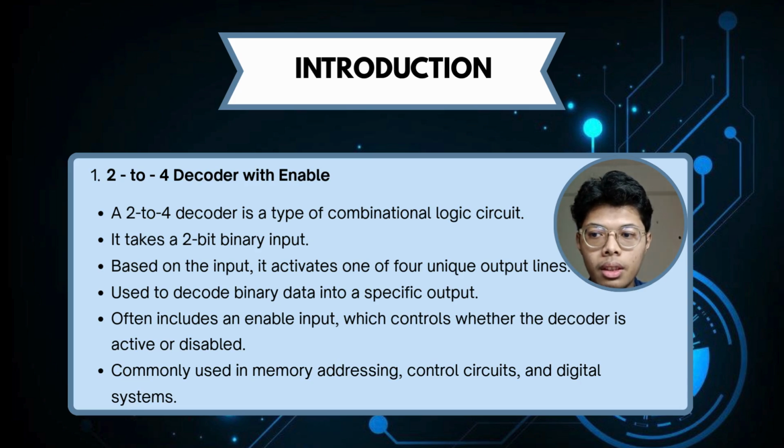It is used to decode binary data into a specific output, and it often includes an enable input which controls whether the decoder is active or disabled. It is commonly used in memory addressing, control circuits, and digital systems.